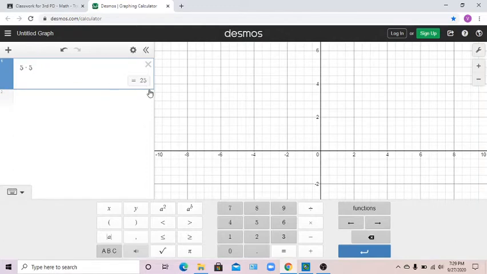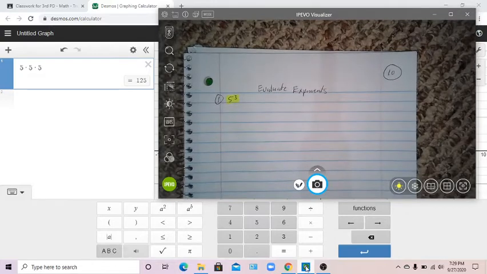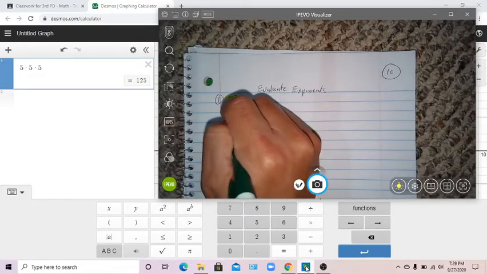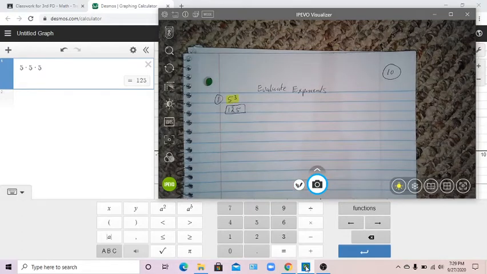Once I do 5 times 5, that's 25, but I needed 5 to the third power. So I'm going to multiply another 5 in there. There's 5 to the third power. 5 times 5 times 5, and you notice it's 125. Okay, so in IXL, I would type in 125.